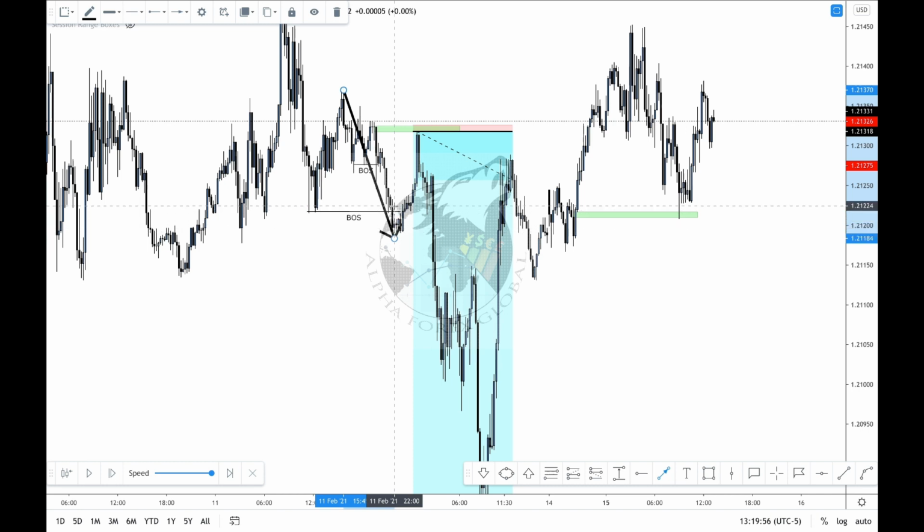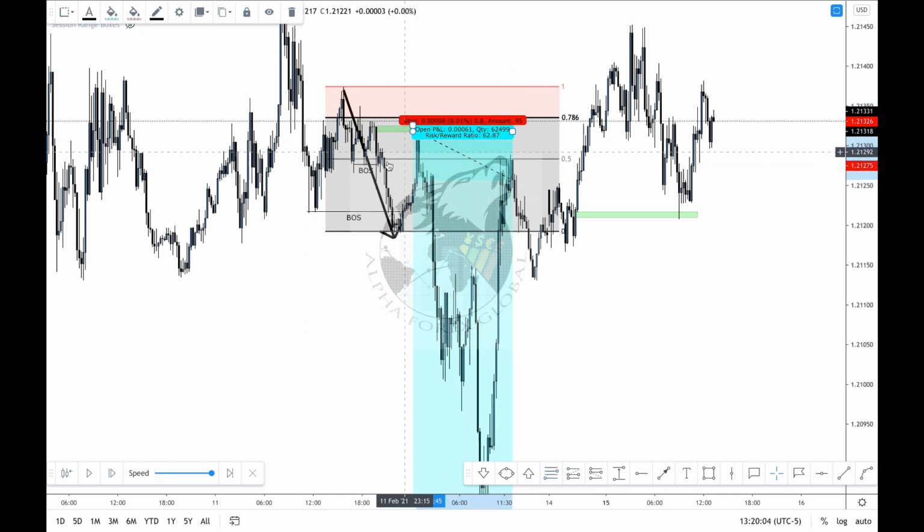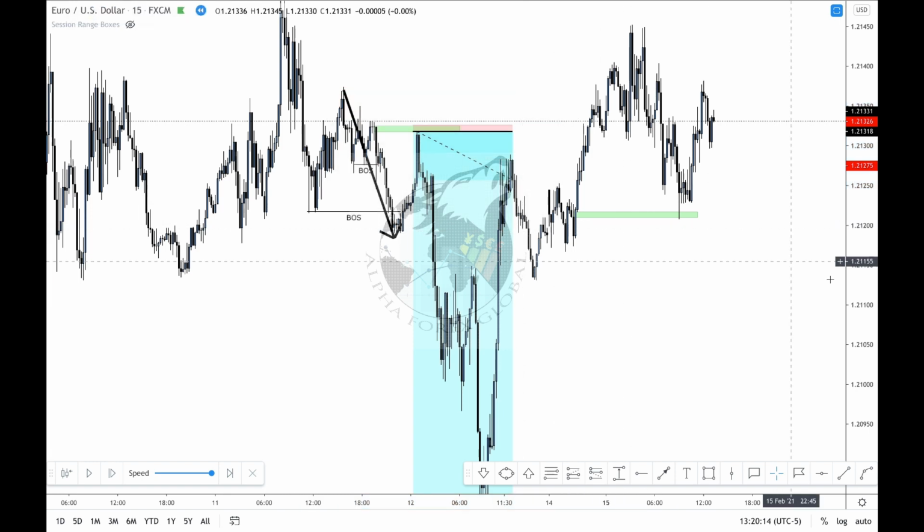So if you look at the premium and discount fib here, this is equilibrium, which is 50%, and anywhere above the 50% is premium price. So anywhere in the premium price is where the market will actually retrace.